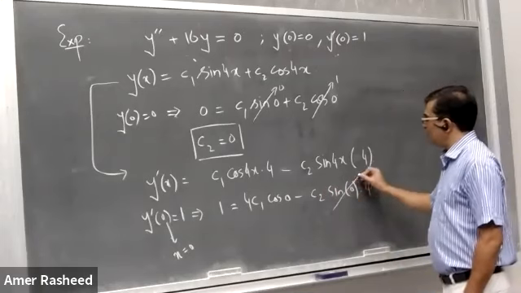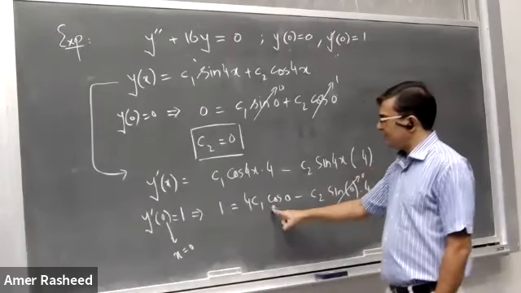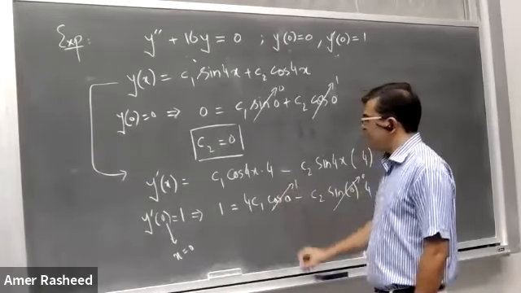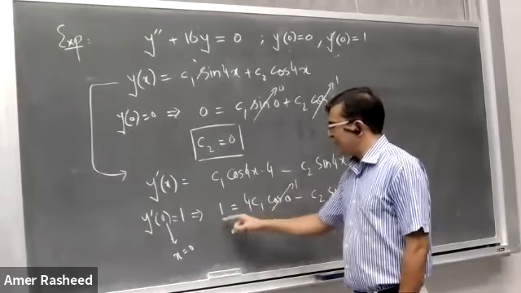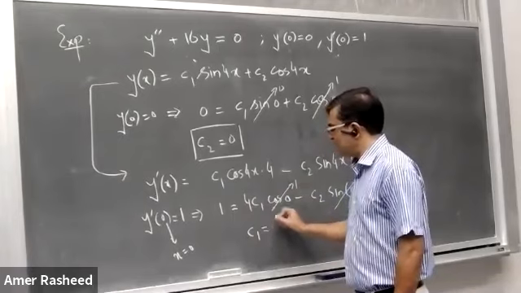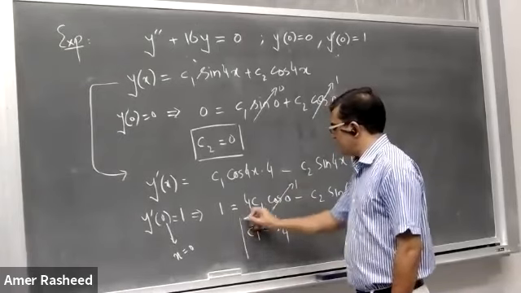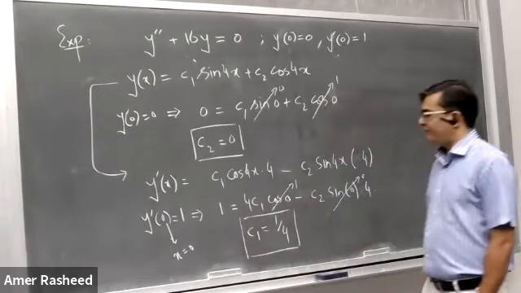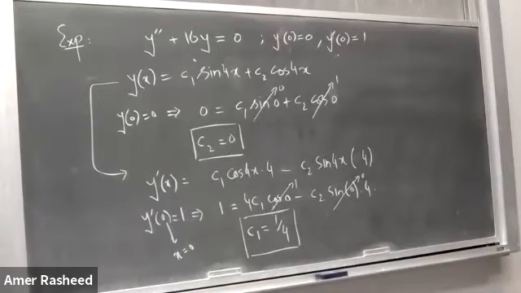Here sine 0 goes to 0 and cosine of 0 goes to 1. So we get 4c1 is equal to 1, so c1 is equal to 1 by 4. This is the value of the other constant.